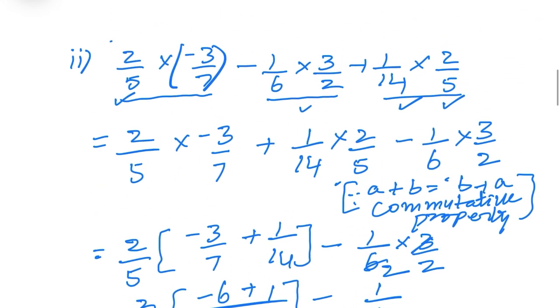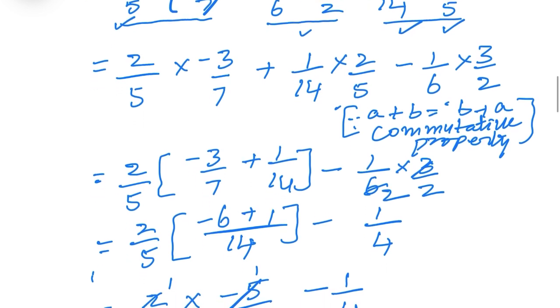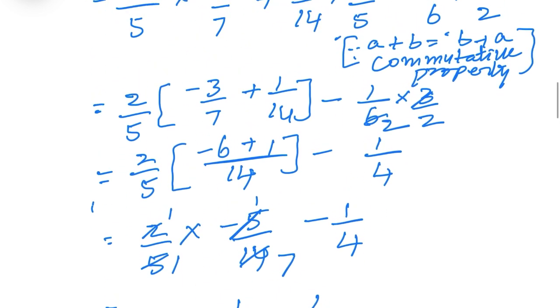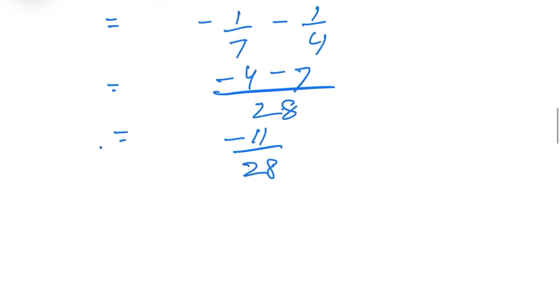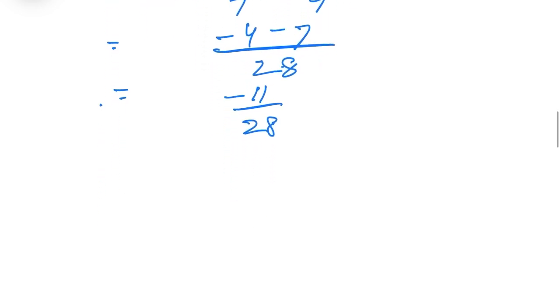Remember here the first property we used is commutative property, and in the second case it is a distributive property, or otherwise called distributive law. What is this one used? Distributive law is followed. In this way we can simplify the given expression and get the value like this.